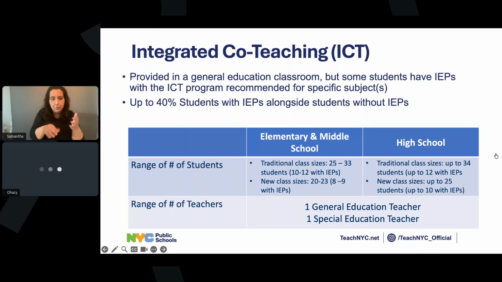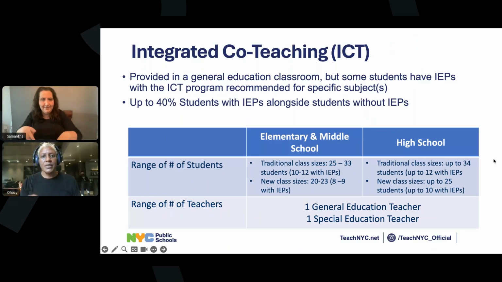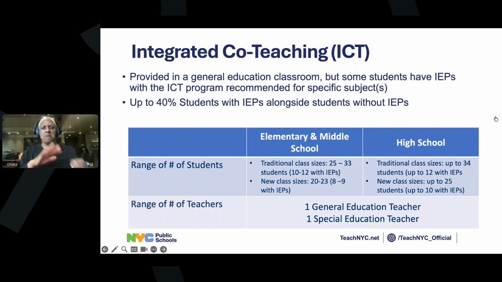And then you can see the breakdown here of elementary and middle versus high school. You may have a traditional class size of 25 to 33 students in elementary school, and that means about 10 to 12 of them would have IEPs. And with the new class size law that Stefan had mentioned, it's more like 20 to 23 students, and that means 8 to 9 with IEPs.